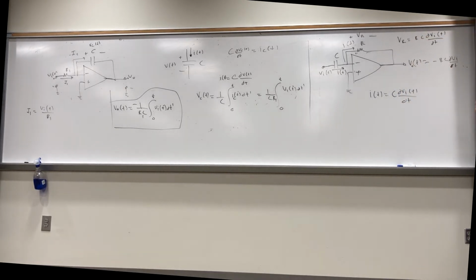If I make RC 1, I don't have to make it 1, but if I can get the coefficient there, make it 1, I take a derivative, always a time derivative of the input voltage, right? And if I wanted to get a positive value of the time derivative, I just put an inverter in front of it. Do you all see that, class? So now we can do integration and differentiation.